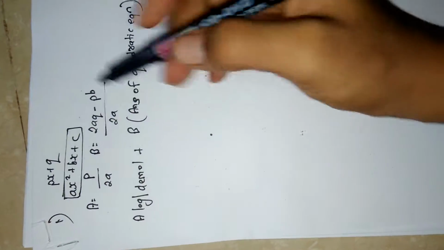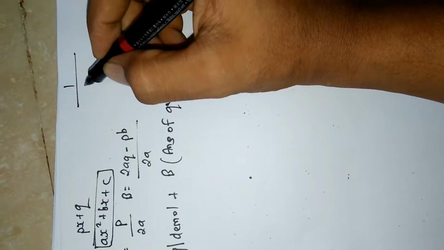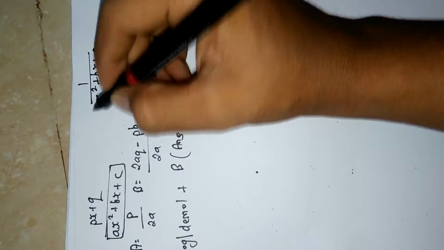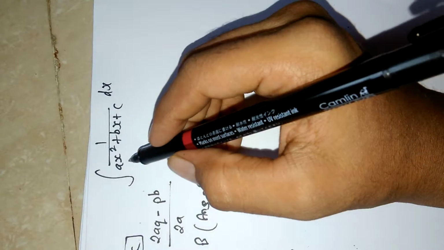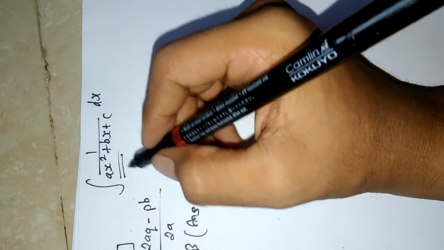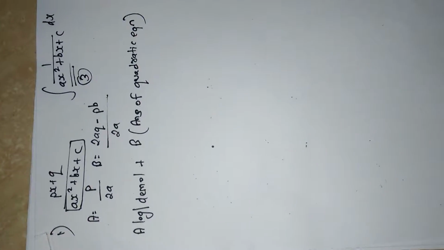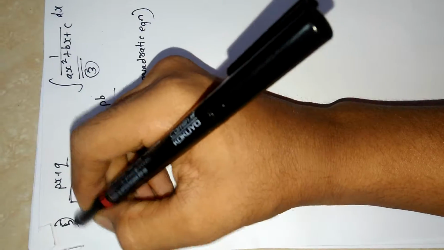Then we have to integrate this separately: 1 upon ax square plus bx plus c. I have given a shortcut to solve this type of equation also in part 1, shortcut number 3. So guys, first see that video and come to this video. They are linked. So guys, this is our 5th shortcut.